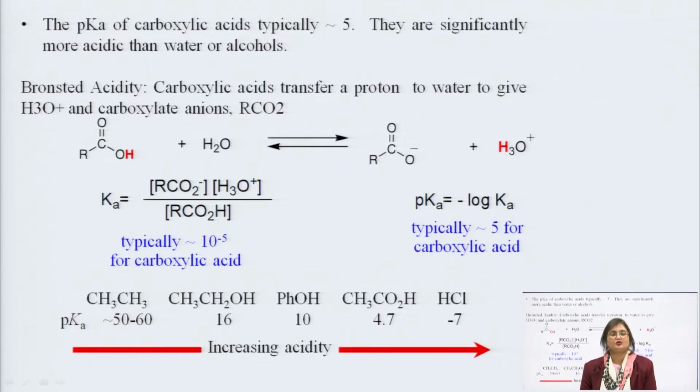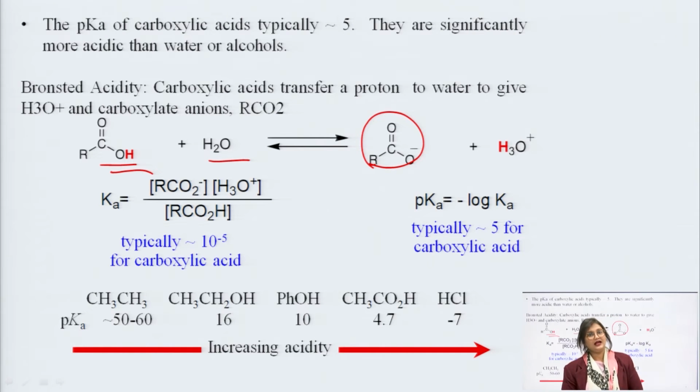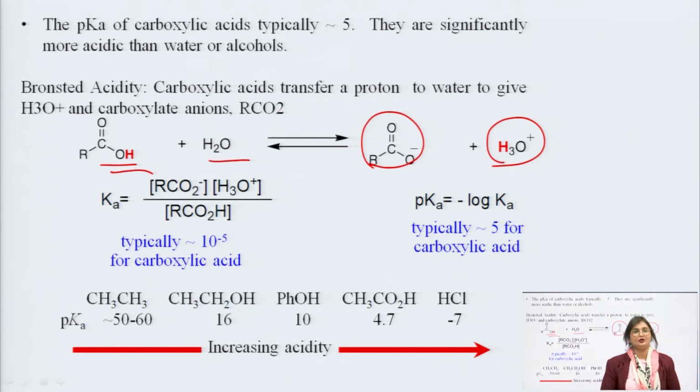So, what happens when carboxylic acid is dissolved in water? When carboxylic acid RCOOH is dissolved in water, two major species are formed: a carboxylate anion, RCOO minus, and a hydronium ion, H3O plus.